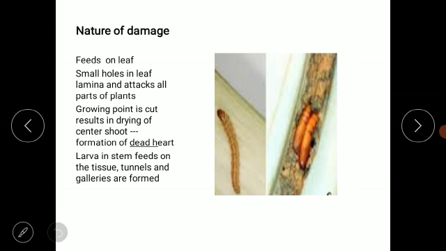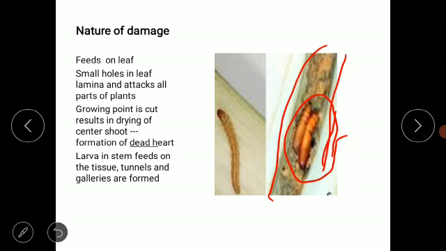If you carefully observe this shoot, they produce a hole or a gap. They eat the tissues present in the shoot and produce a hollow tunnel-like structure, and that is known as a dead heart.